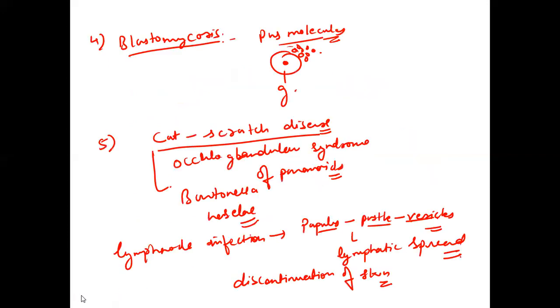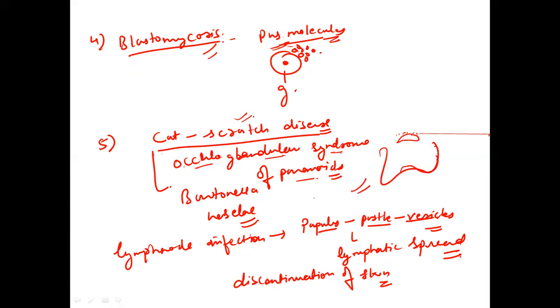Again, there is blastomycosis, which is the same. The difference is there are pus molecules rather than sulfur granules. Right. Then come to cat scratch disease, which is caused by the scratch of a cat. It is the oculoglandular syndrome of Parinaud. Basically, there is eye involvement and involvement of glands also.